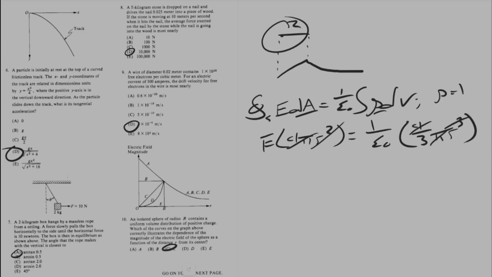That goes away. That goes away. And I have that the electric field is r over 3 epsilon naught, which is linear, which only matches C as the increase. So again, you get the answer C. Two different routes, but that's one of those questions where if you know it, it's significantly easier.